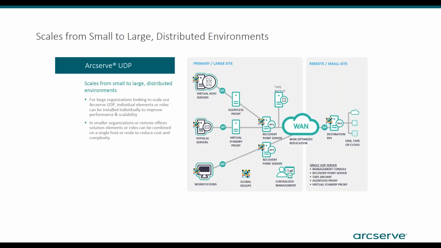But as we go up, that becomes more and more beneficial, right? So really you don't need to change the way that you interact with the product. Or in a lot of cases, even how the product's sold, right? So we scale from up to very complex environments.